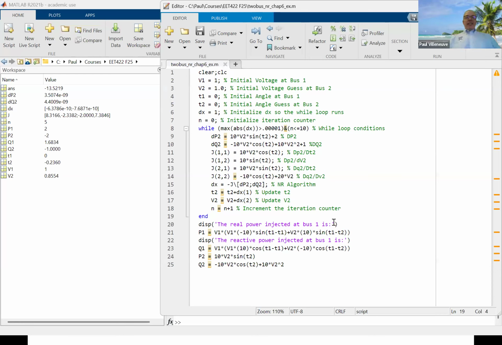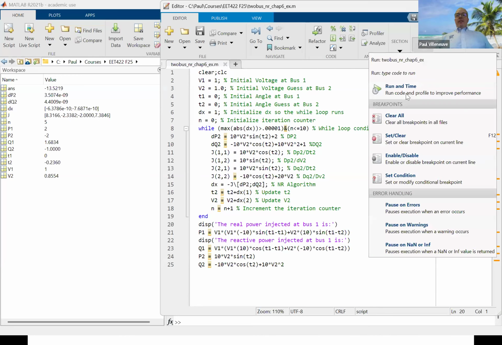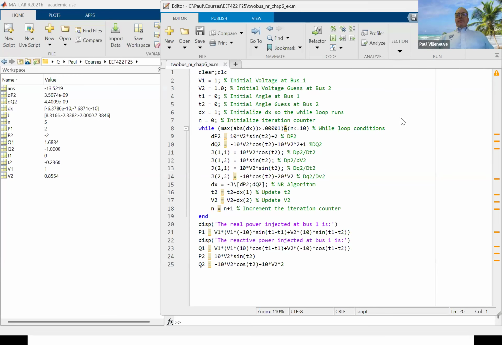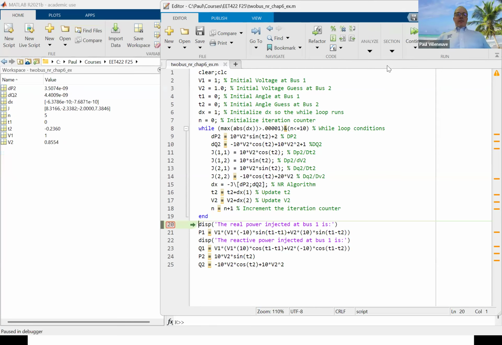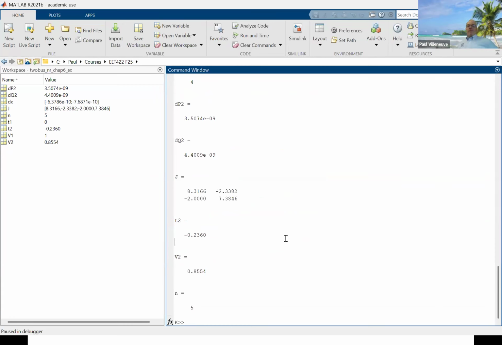But the only thing that it does, the whole thing, up until I get to here, and let me set a breakpoint here. So if I run it to here, look what the load flow does. It just tells me all the magnitudes and angles of the bus voltages.